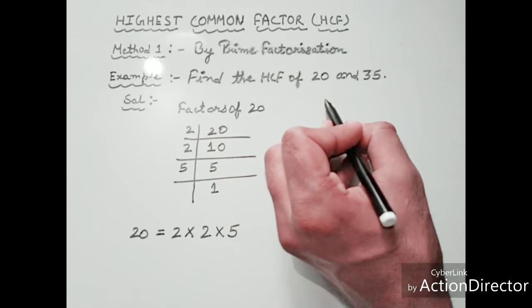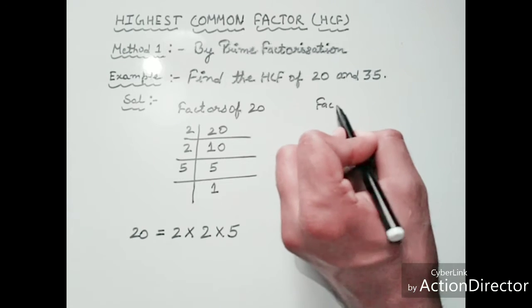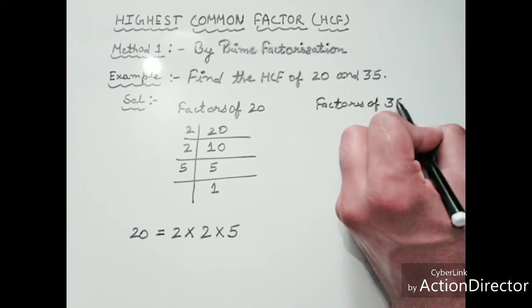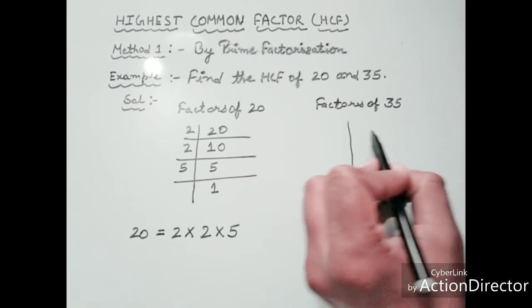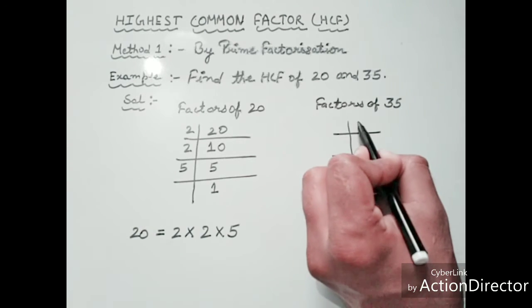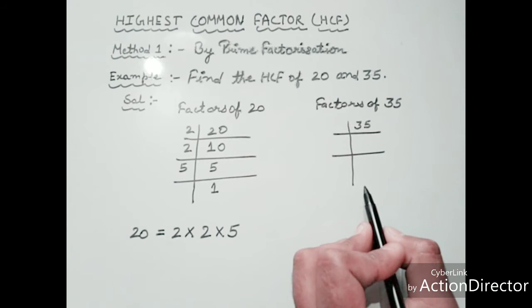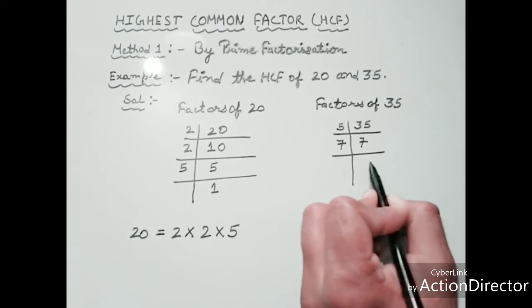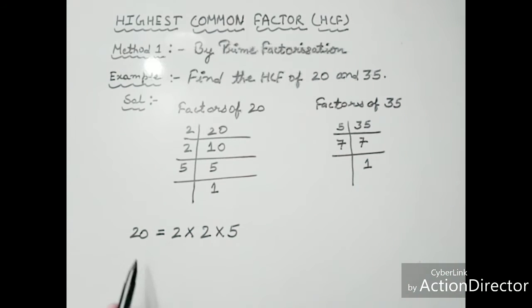Now we find the factors of 35. First we divide 35 by 5. 5 sevens are 35 and 7 ones are 7. So we write factors of 35, 5 and 7.